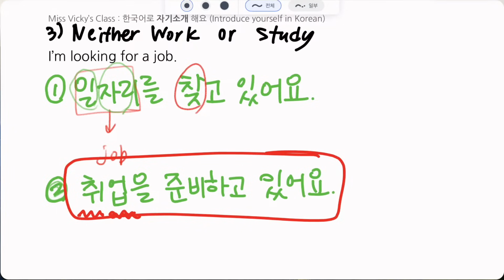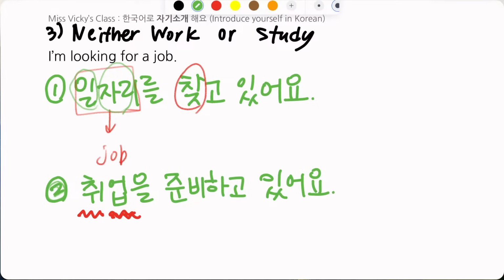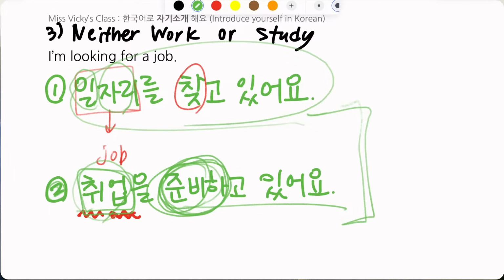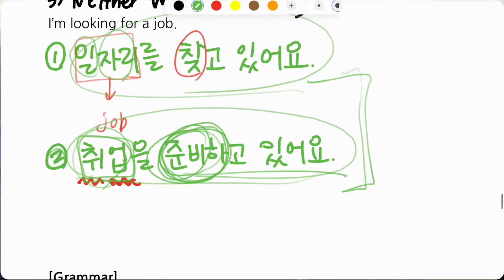That's why when we say 취업, when we're looking for a job using 취업, we say 준비하다. We're preparing. I'm preparing for achieving a job, literally. And they both mean I'm looking for a job, but like I said, 일자리 찾고 있어요 sounds rather broad. 취업을 준비하고 있어요 sounds like a more serious profession. There's a specific profession that you are preparing to get.